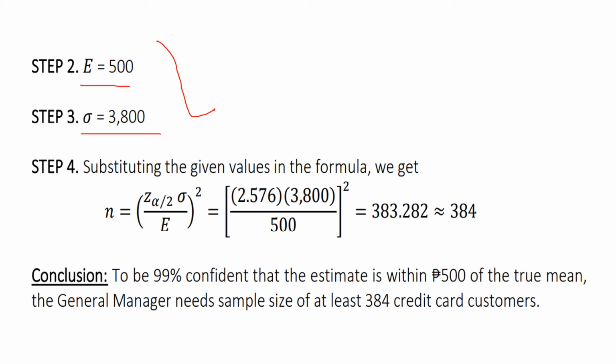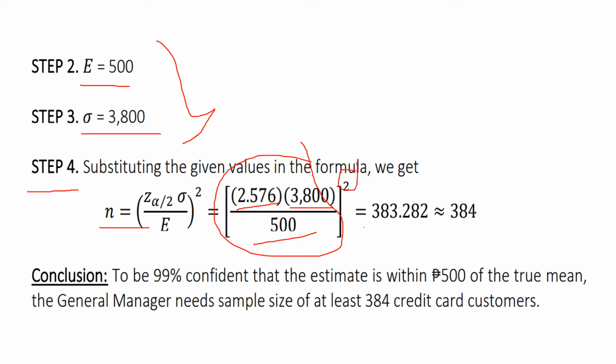Then we need to substitute the given values into the formula in step number 4. Your n now is equal to 2.576 multiplied by 38 all over 500. Whatever the resulting value here, it should be raised to 2.